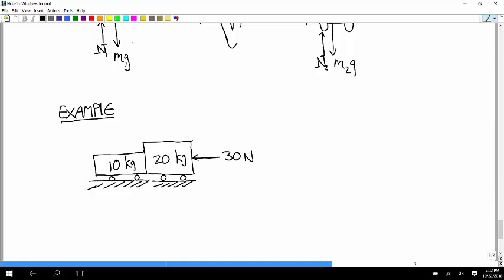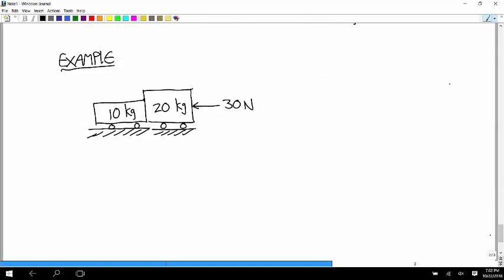And we want to do two things. First, what's the acceleration vector of the pair of carts? They're both going to have the same acceleration.